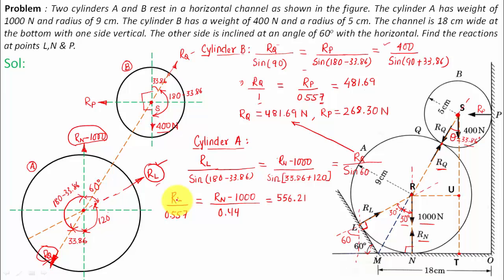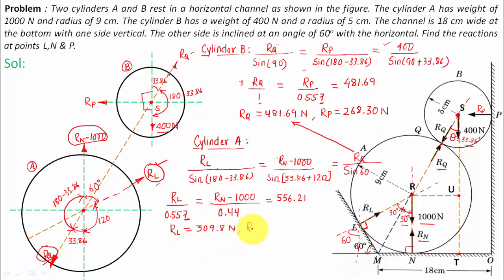RL will be equal to 556.21 multiplied by this 0.557, and it's gonna work out as 309.8. So the final value of RL is equal to 309.8 newtons, and you have to do some calculation for getting to the value of Rn. Let us do that.